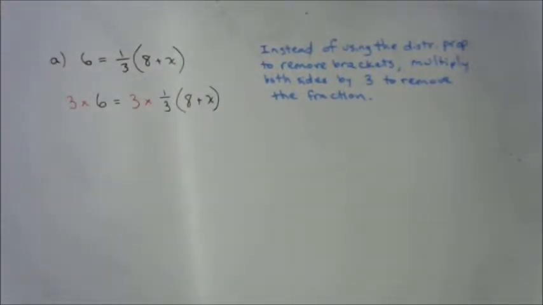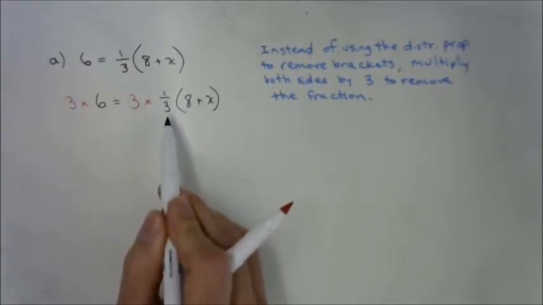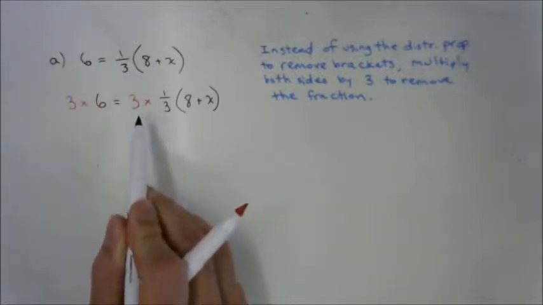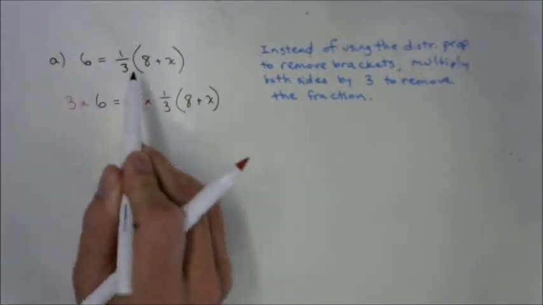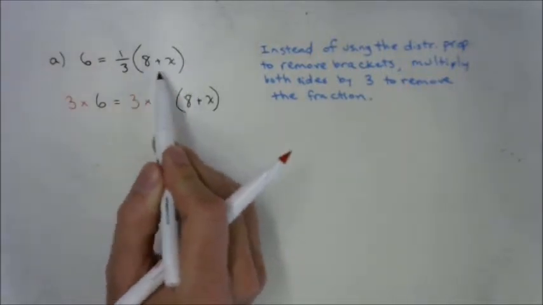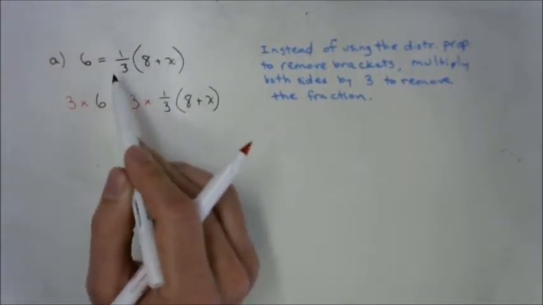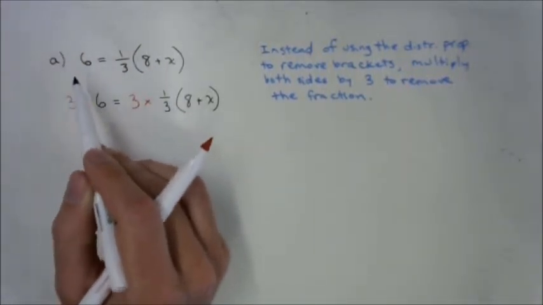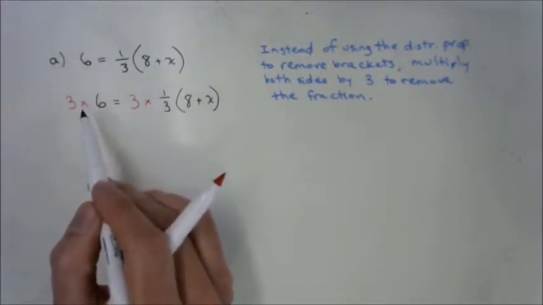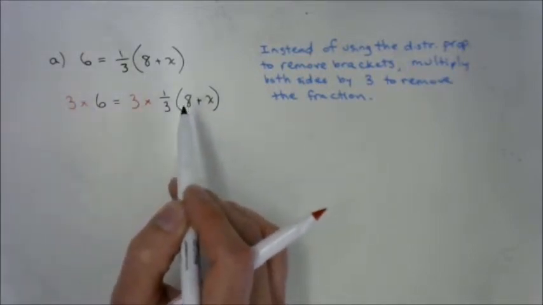Now we can simplify this, right? Hey, why did we put the 1/3 back? I thought we got rid of it. Nope, I haven't done anything yet. I've just shown that I'm going to multiply both sides by 3. So I'm going to multiply this whole thing by 3, and I'm going to multiply that whole thing by 3. So that's all I've noted, that we're going to multiply by 3, and we're going to multiply by 3.